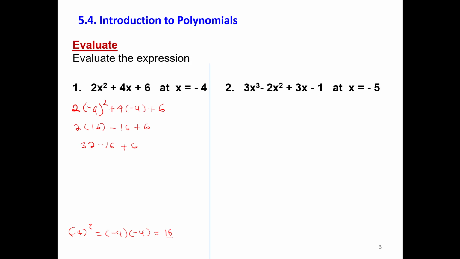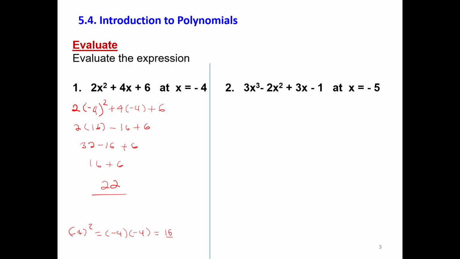Now we just need to operate this. 32 minus 16 is 16, plus 6, and it's 22. This is the answer.